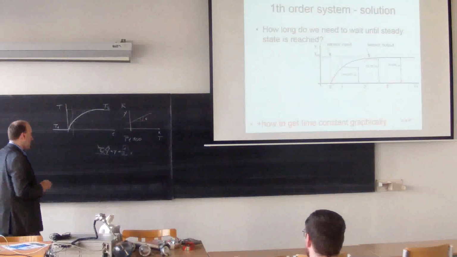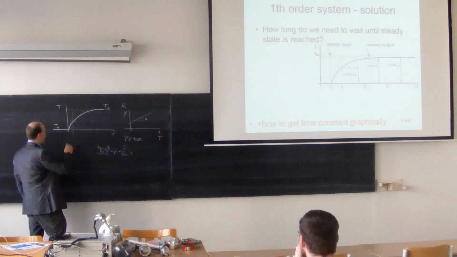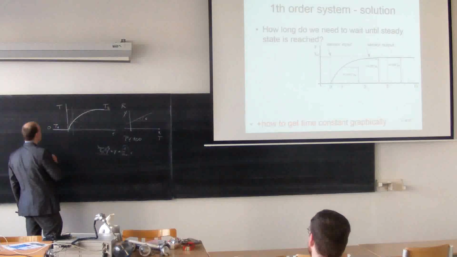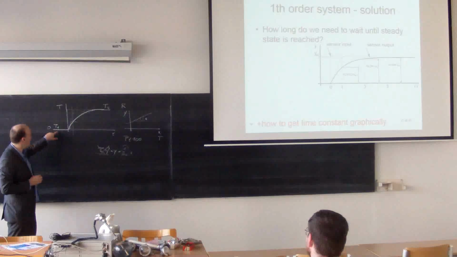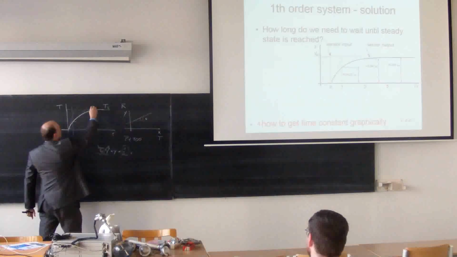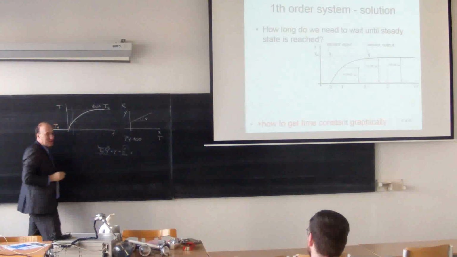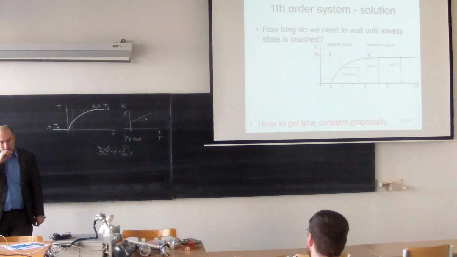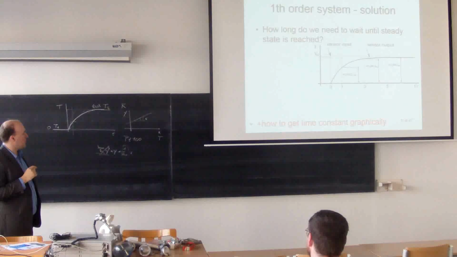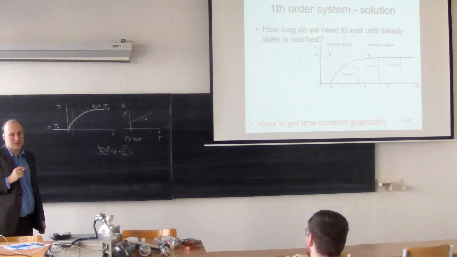How can you determine the time constant from this? There are several ways that you can use. One way is to say, okay, this is the initial steady state, let's say 0, and this is the new steady state, let's say 100%. We know that it takes some time before I reach 63%.